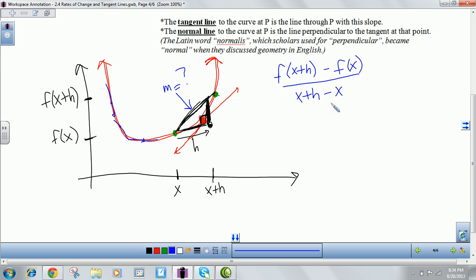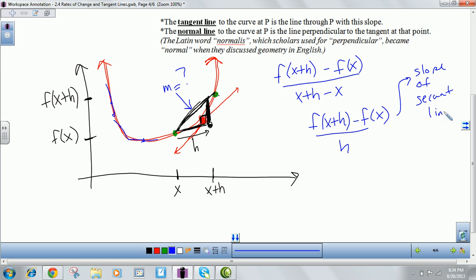And that simplifies. You notice those x's on the bottom cancel. So that's just f of x plus h minus f of x all over h. This is the slope of the secant line.